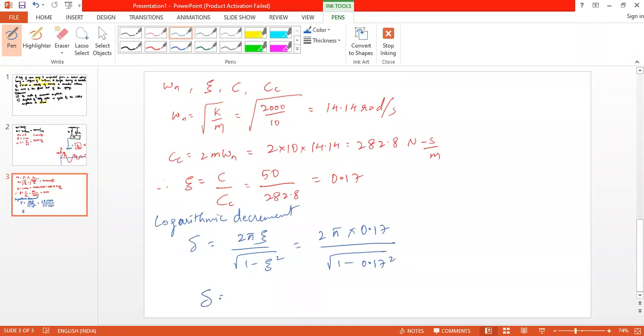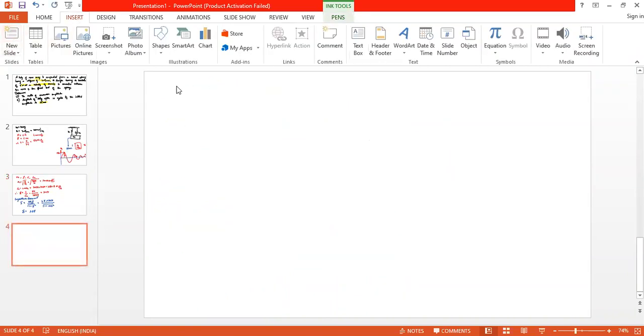So what is the answer? 1.08. Delta is 1.08.